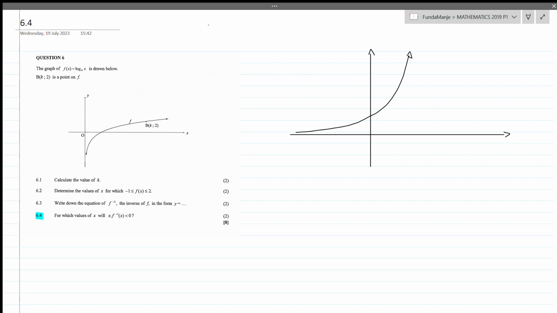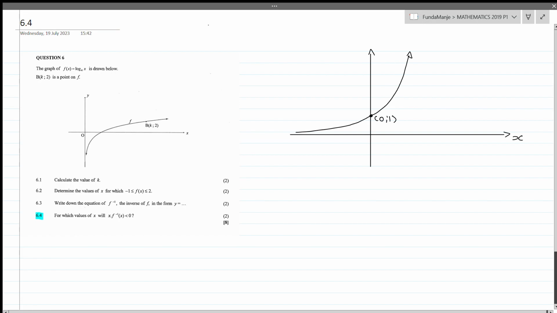All the points would be inverted, so this would be 1 and 0, like that. Actually, the other way around, 0 and 1, because on the x-axis it's on 0 and on the y-axis it's on 1.